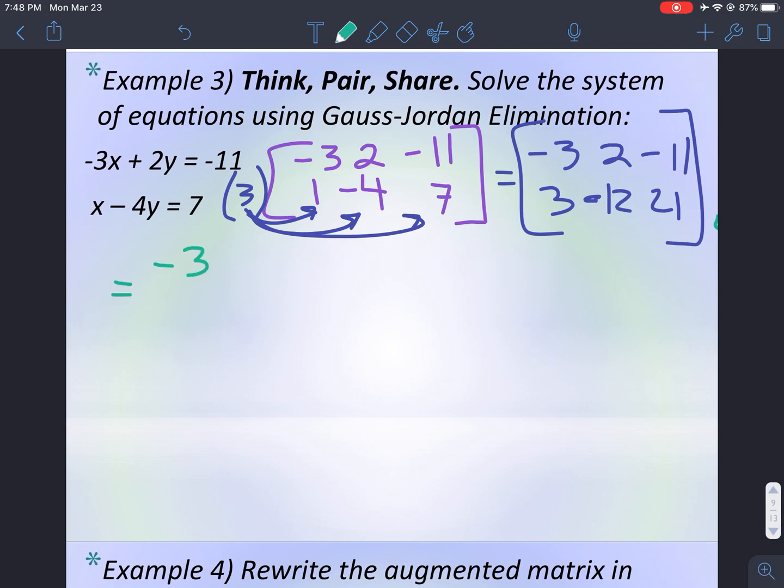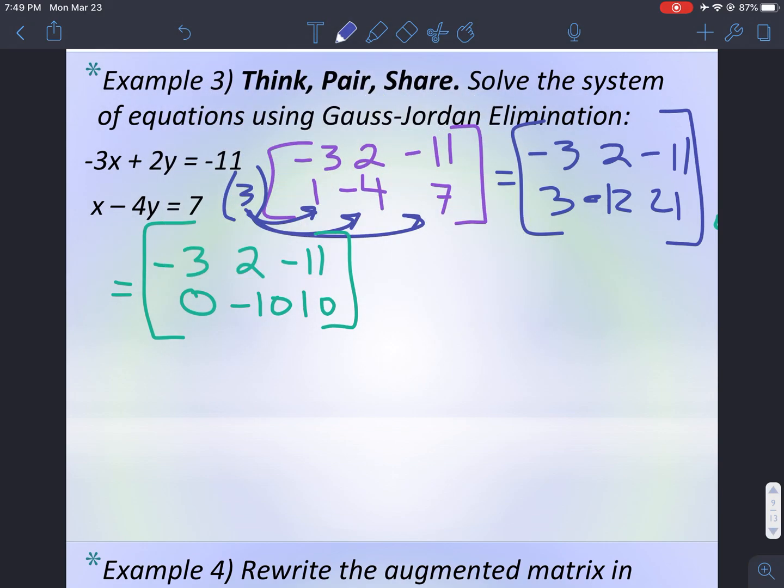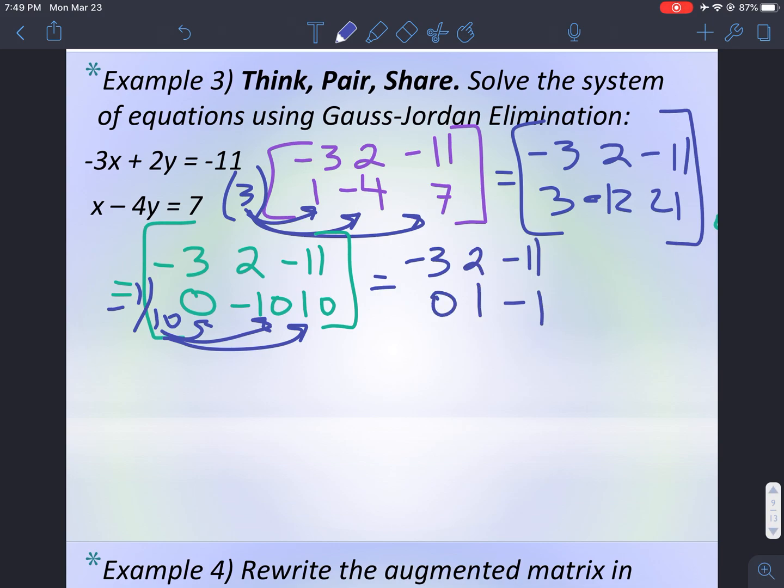Again, I'm leaving the top one the same. But on the bottom, I'll have 0, negative 10, 10. It's getting there. Let's multiply the second row by negative 1 over 10. Halfway there.